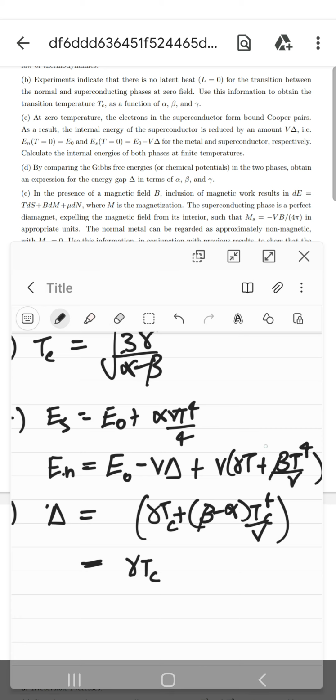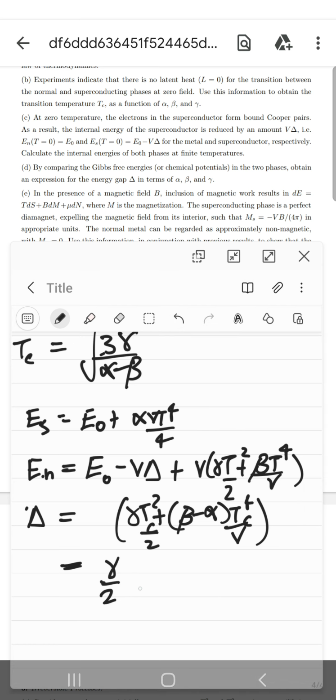Oh, this should be T squared by 2. Sorry for that. Okay, that makes more sense. So you just have gamma upon 2, and then Tc squared, which is just this quantity, 3 gamma upon alpha minus beta, plus beta minus alpha squared, which is identical to alpha minus beta squared.